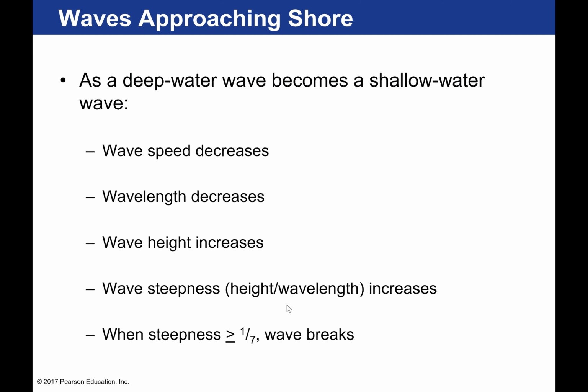Also, the wavelength decreases, because as one wave is slowing down, the one behind it gets closer to that wave that's being slowed down. The wave height increases, because that wave energy has to go somewhere, so it goes up. And the wave steepness increases because the wave height increases and the wavelength decreases, which all causes that steepness to increase.